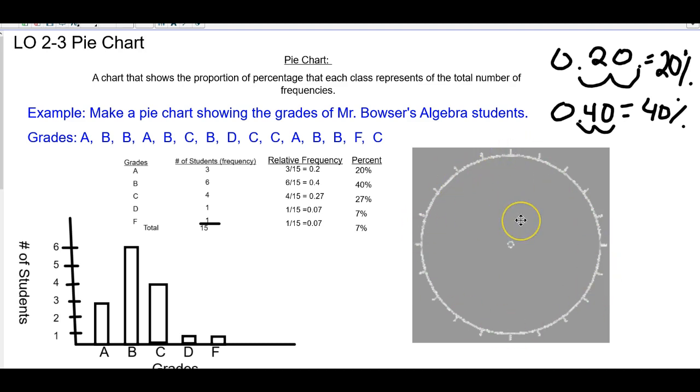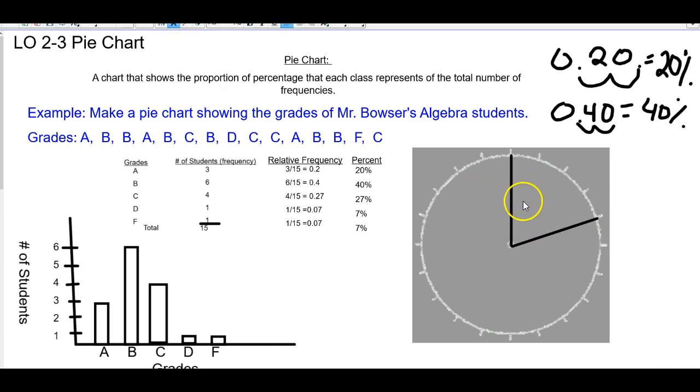One complete circle makes a full 100%. So let's go ahead and start with the A's. I am simply going to draw a line here, and we'll start at the top, go to the middle, and we need 20%. So 5, 10, 15, 20.